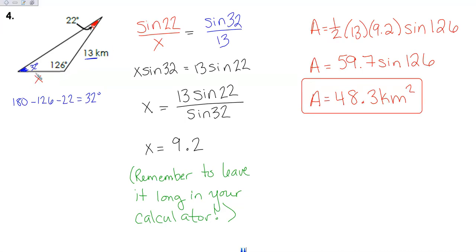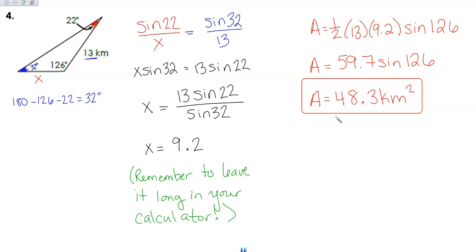So again, we're going to use law of sines to find this side. Now, you may have chosen to find this side, and that would be fine. You just would have had a couple of different numbers here. You wouldn't have had the 9.2. You would have had something else. And again, that's more than fine. All right?